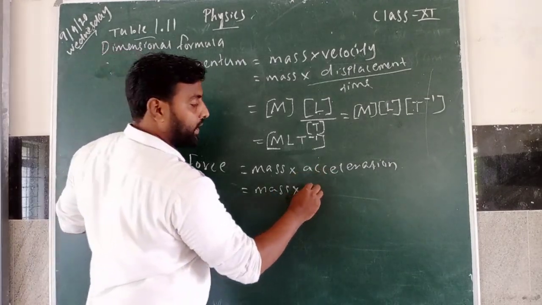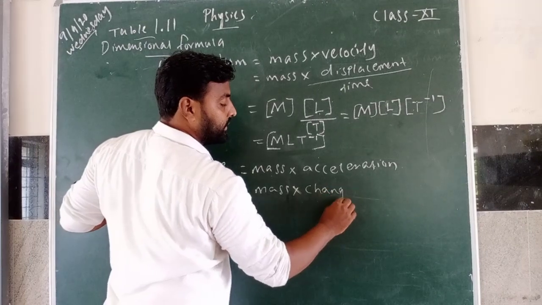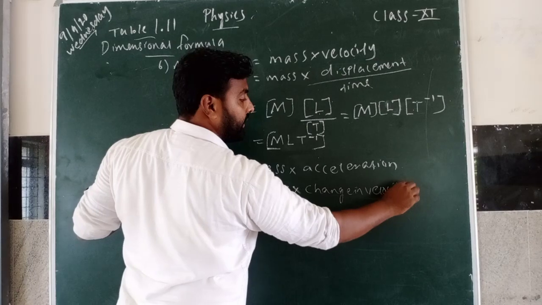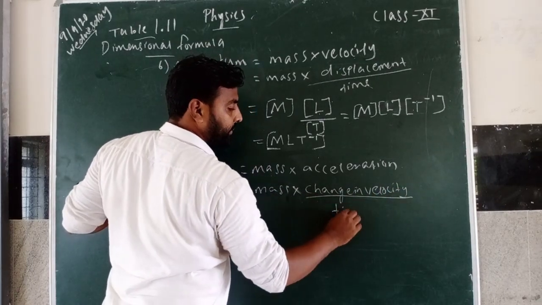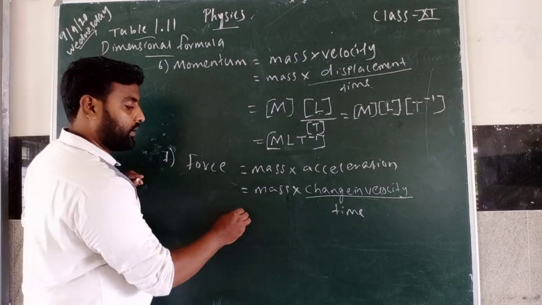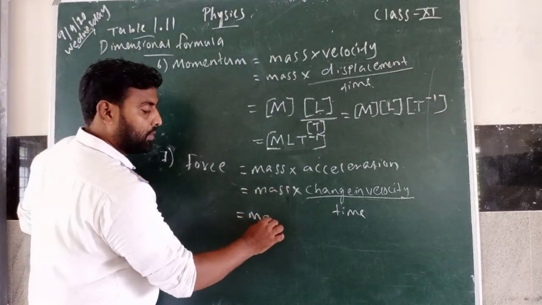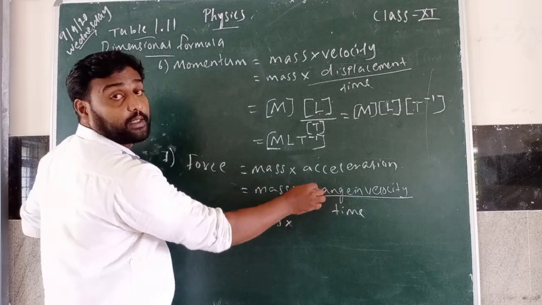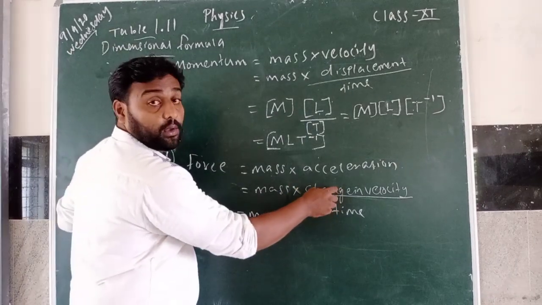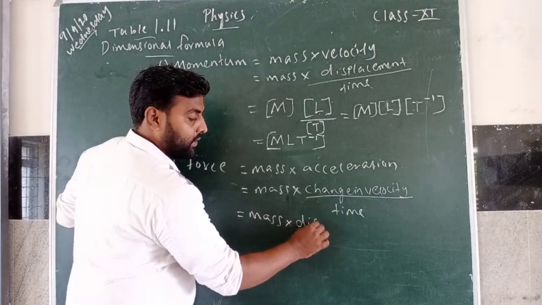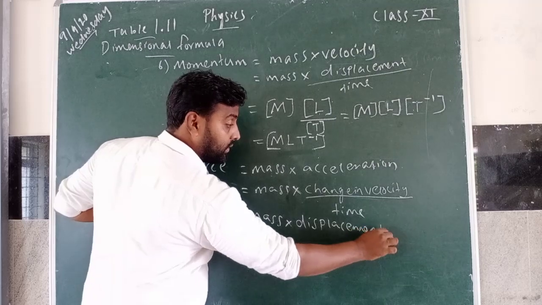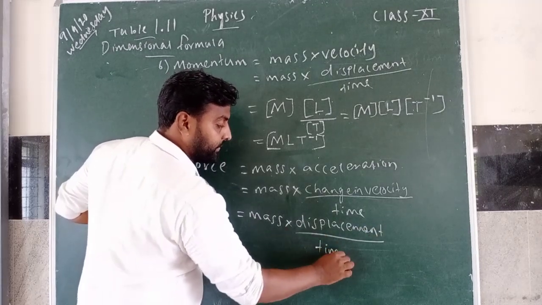Change in velocity by time. Now you see, again you can derive this: mass into change in velocity by time. Change in velocity means what? What is the formula? Again, velocity formula is displacement by time.